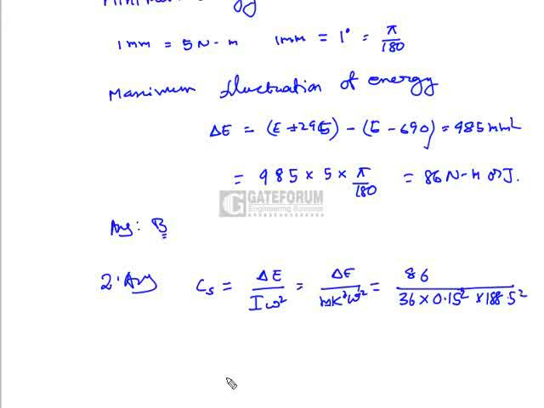Here omega is equal to 2 pi N by 60, and the value of 2 pi N by 60 is equal to 188.5. So the final value of the coefficient of fluctuation of speed is 0.003, which is equal to 0.3%, and in the options the answer is B.